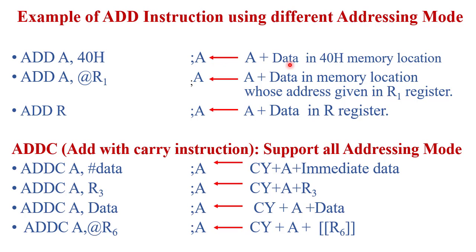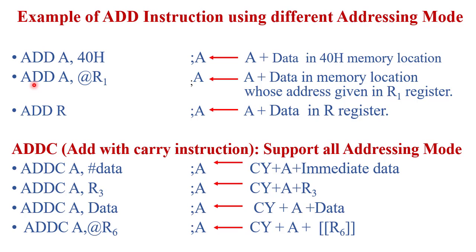This is an example of direct addressing mode because in this instruction we directly give the address where data is stored.